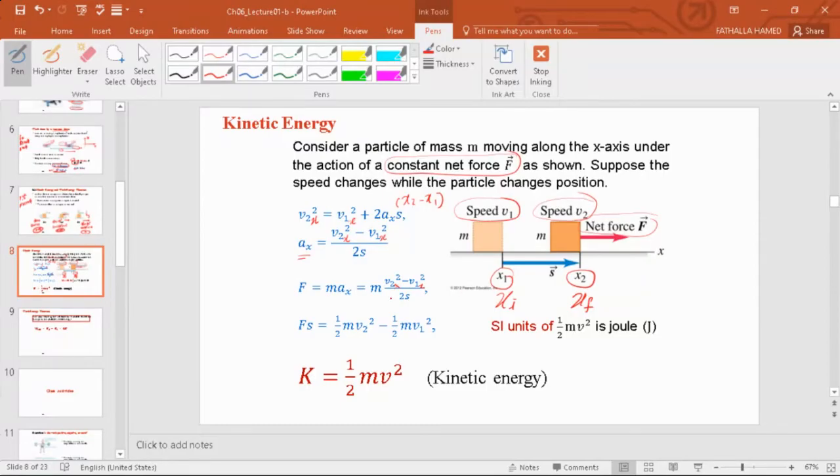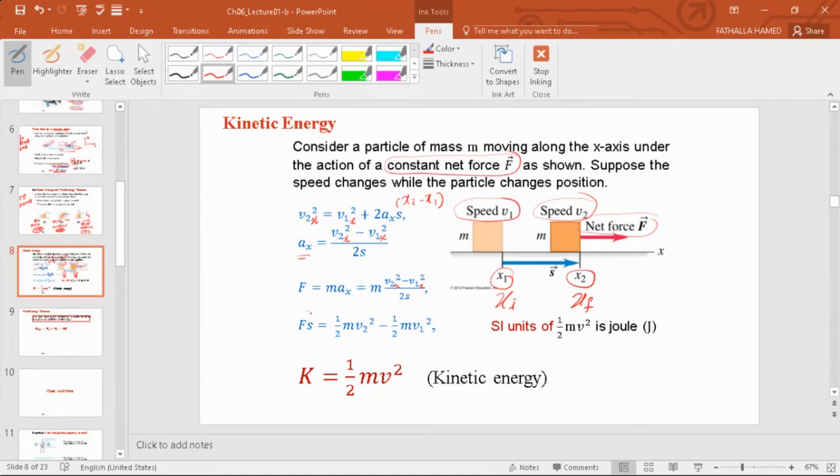Now I can multiply both sides by s. So here I will have Fs, and here I will have 1/2 mv2 squared minus 1/2 mv1 squared.